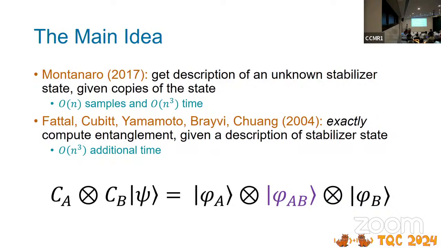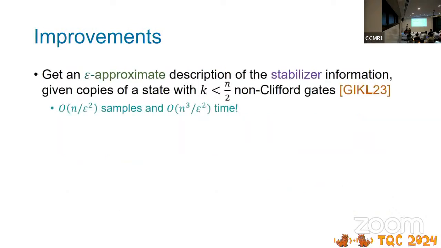And basically, the improvements that we show are, one, there is a previous result that given a state that's produced by a bounded number of non-Clifford gates, you could find what's called the stabilizer information, so to speak. So you don't get a complete description of the state, but you get some important information related to stabilizer states.